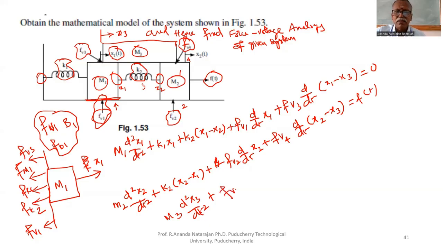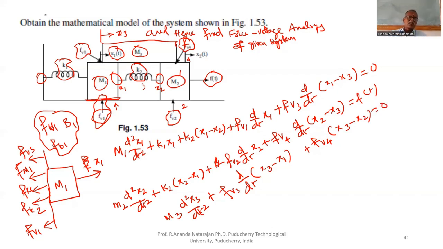So fv3 d upon dt of x3 minus x1 plus fv4 x3 minus x2 equal to 0. No applied force. Only 3 reaction forces.